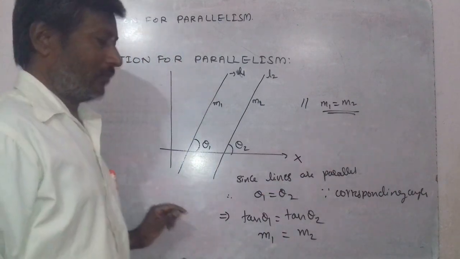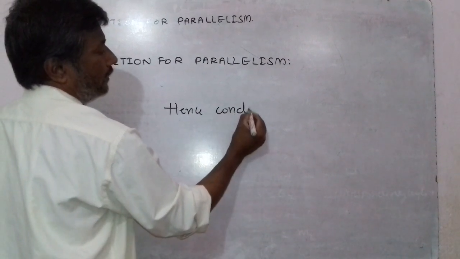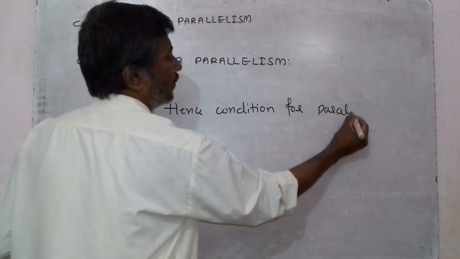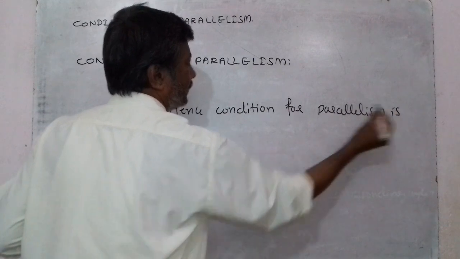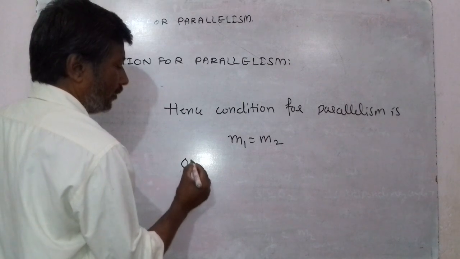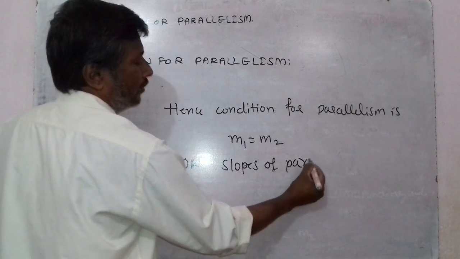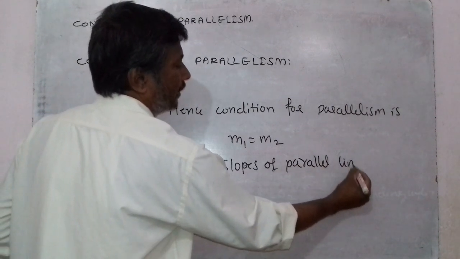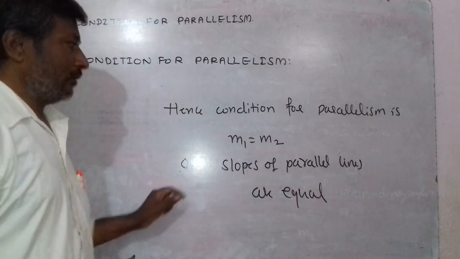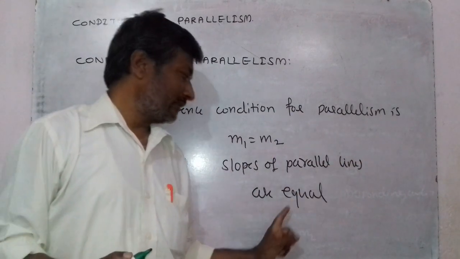Hence, the condition for parallelism is m1 equal to m2, or slopes of parallel lines are equal.